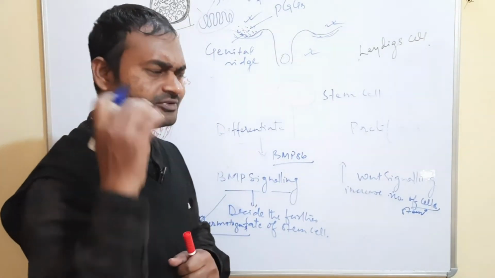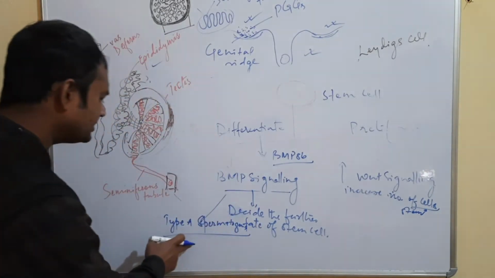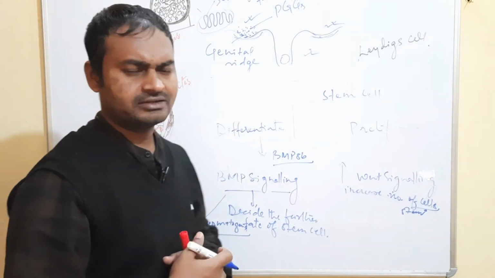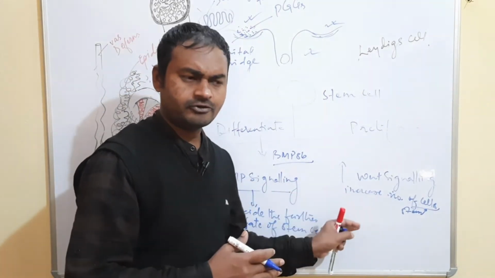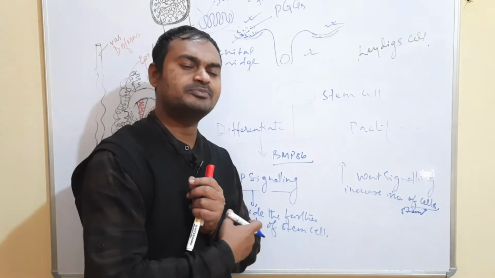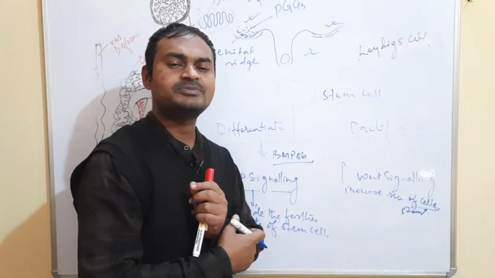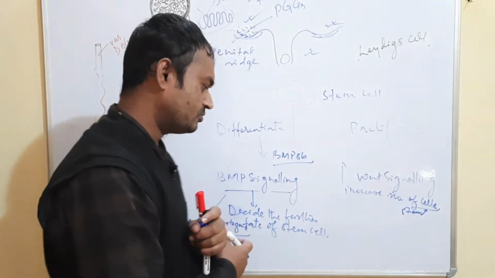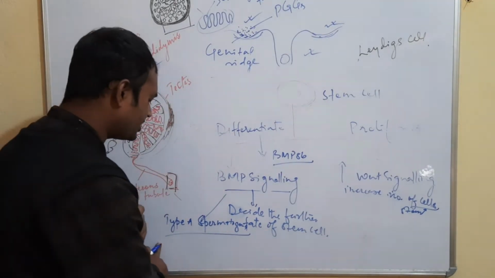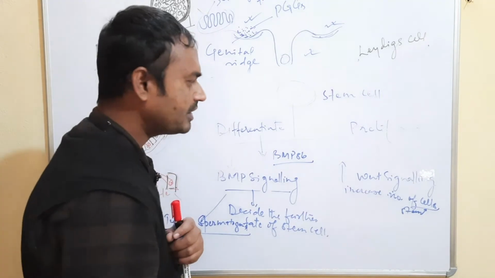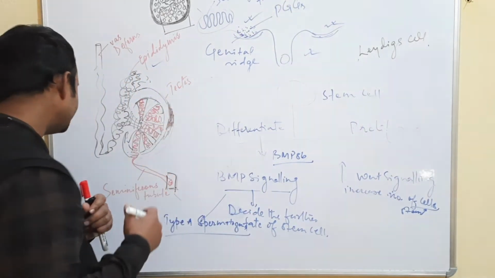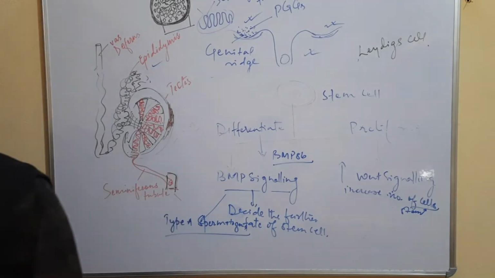First of all, let us understand the type A spermatogonia, which will further divide. From here, we will discuss the division of the sperm cells, or you can say the sperm stem cells. This sperm stem cell, called the type A spermatogonia, will further divide to its other fate. So what is that other fate? Let us understand here.